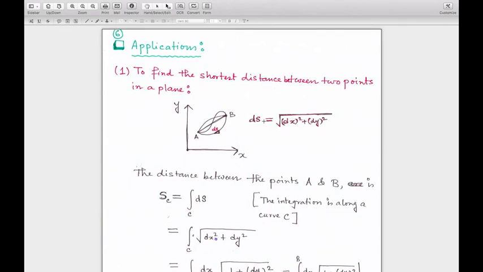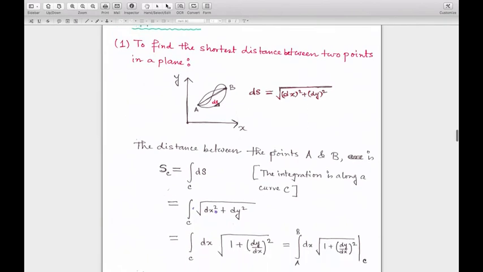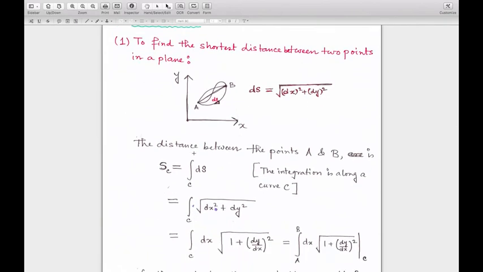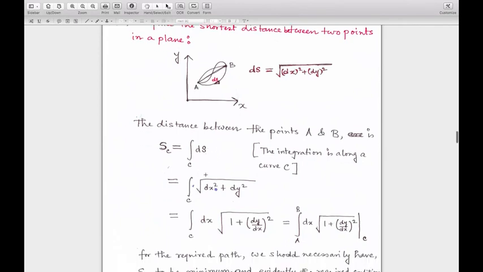Now, how to define the distance at all? So an elementary distance along any arbitrary curve is given by ds, which is equal to root over dx square plus dy square, because this is a 2D plane, of course. And then along any curve C, the distance between the points A and B will simply be an integration along this curve C of ds.